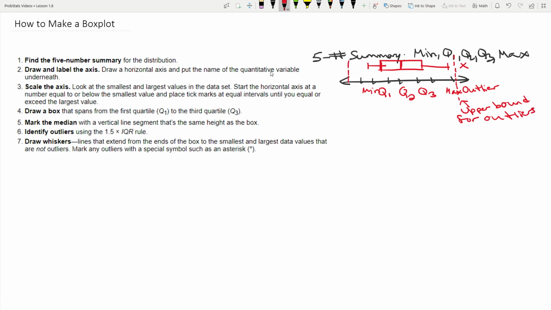And we have a lower fence, or a lower bound for outliers. And again, this was calculated using the Q1 minus 1.5 IQR rule, and this was calculated using the Q3 plus 1.5 IQR rule. All right, so that's how we do the box plot and how we modify it to include the bounds for the outliers.